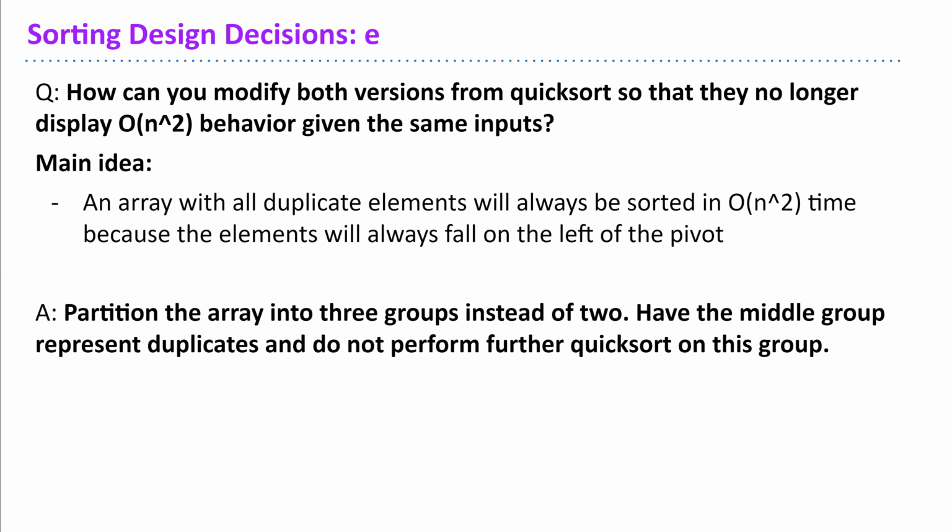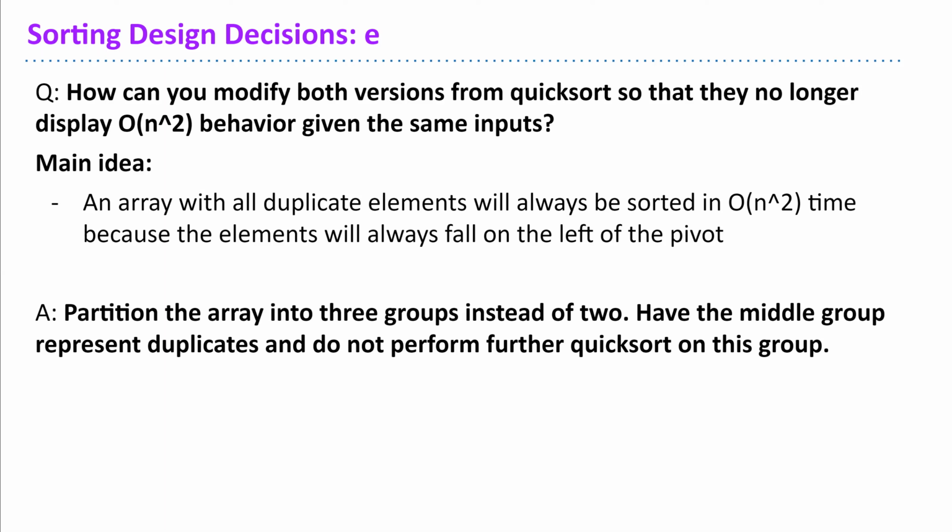The left group would contain all the elements that are less than the pivot. The middle group would represent duplicates, or elements that are equal to the pivot, and the right group would represent elements that are greater than the pivot.